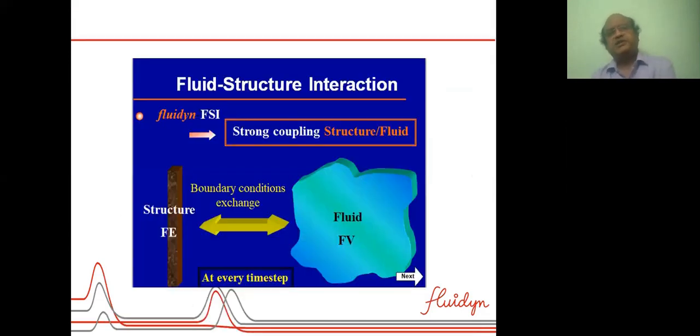So in general, in fluid structure interaction, we use a finite volume method to solve the conservation equations for the fluid, and we use a finite element method for structural deformation and heat conduction in the structure. Their boundary conditions are exchanged. That is, structural deformation is used as a boundary condition for the fluid flow, and the fluid pressure, temperature and other properties are used as boundary conditions for the structure at every time step.